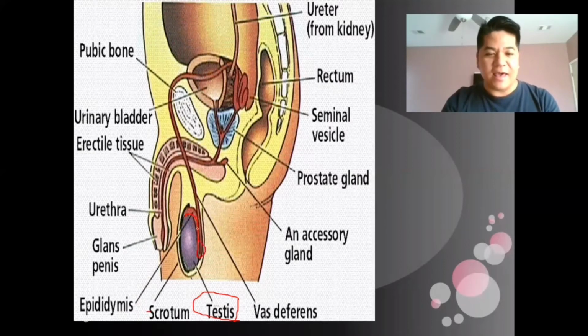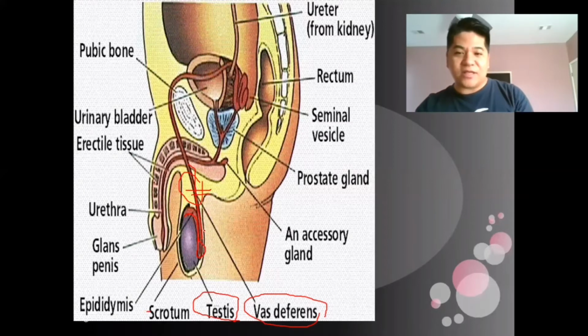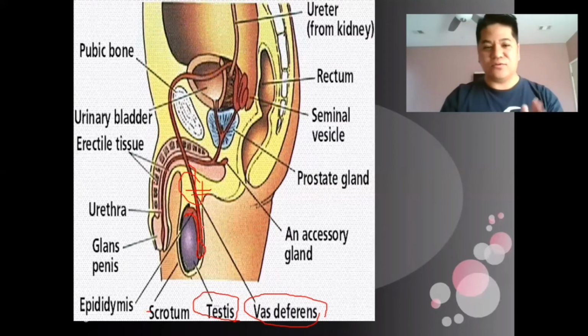Then there is another pathway wherein it houses your mature sperm cell called the vas deferens. The vas deferens is cut during your vasectomy, or sterilizing the male. They cut it so the sperm cell will not be pushed through and expelled on your urethra anymore. So it dies over here.